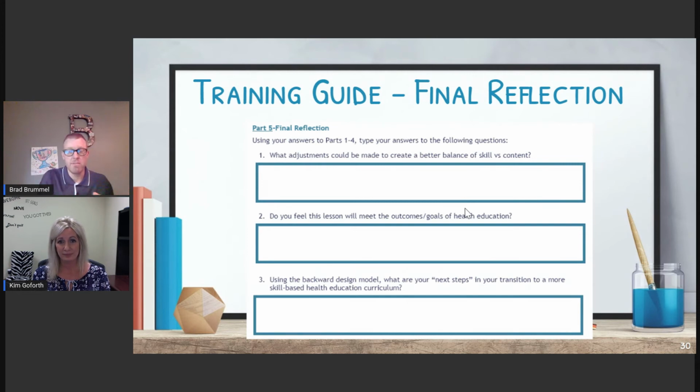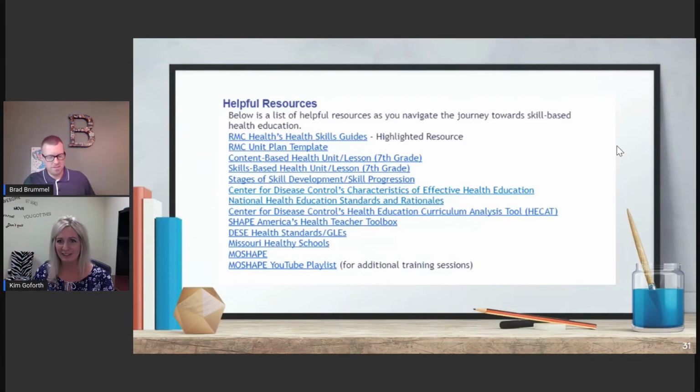If we don't have to give that, if we can measure and assess that skill in an activity, we just found some more additional time available. And so that should be great news. Yeah, that's real good news. If there's not a standard it's tied to, kick it out.